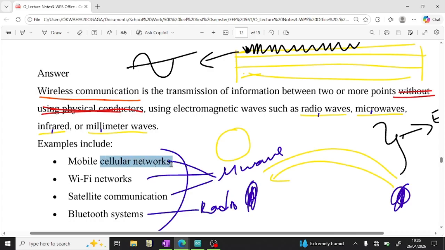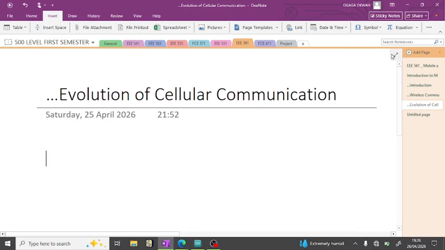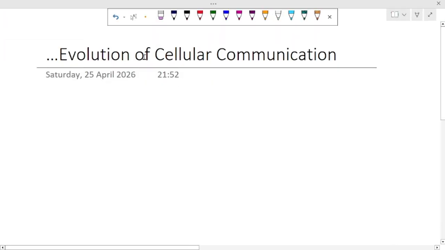Cellular network, cellular system, cellular communication, we're talking about the same idea. So the cellular network is an example of wireless communication.